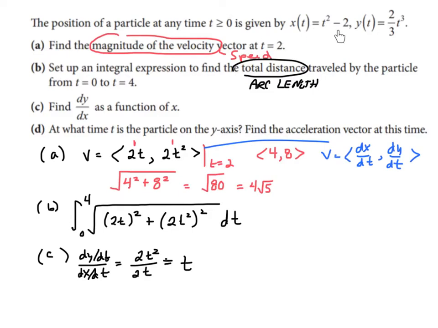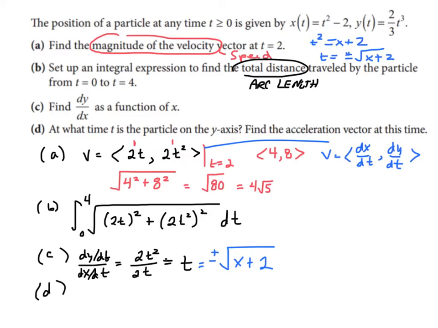We're told that x is t squared minus 2. So t squared is equal to x plus 2. So t is plus or minus the square root of x plus 2. And that can be my derivative.